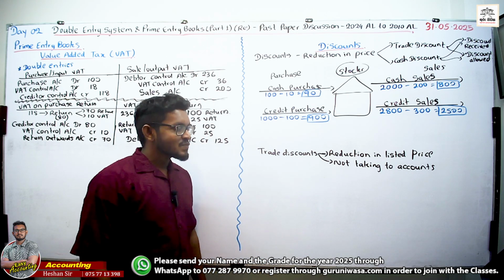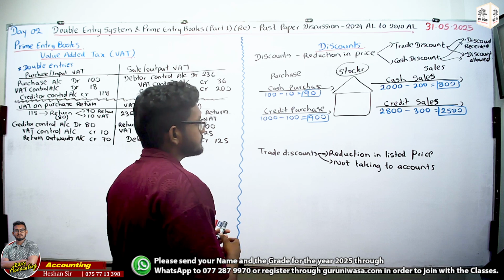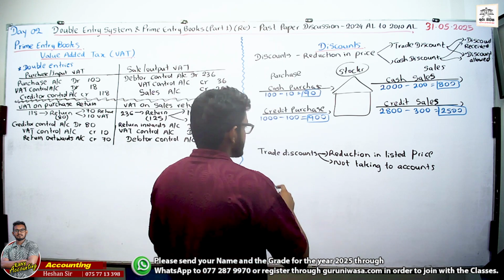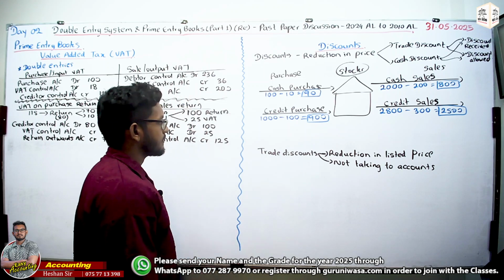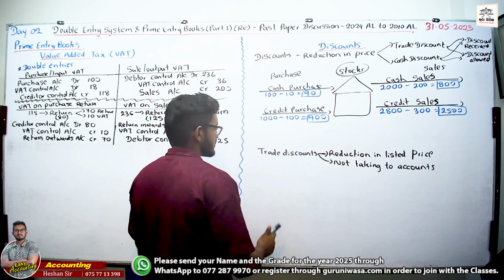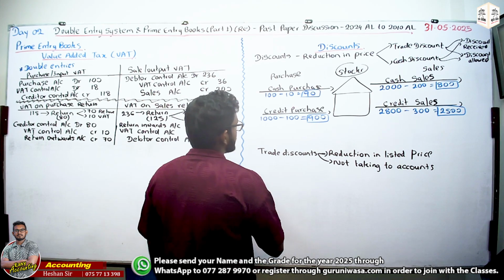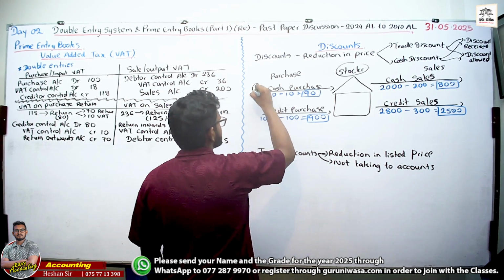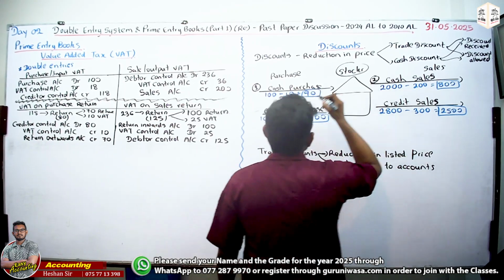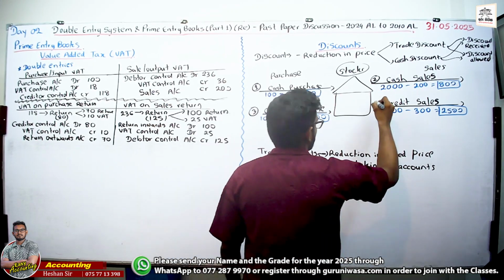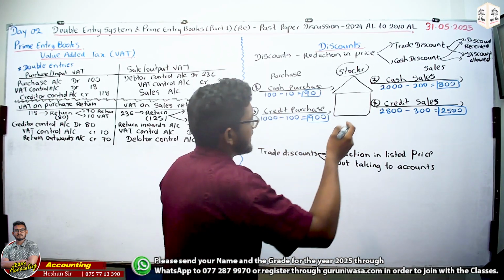Okay, just listen now. Since trade discounts are not taken into accounts, in our double entries, for cash purchase I'll take this as 1, this as 2, this as 3, and this as 4.